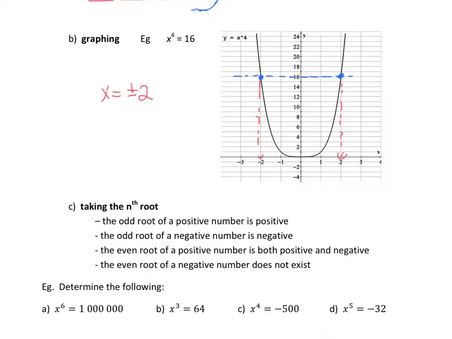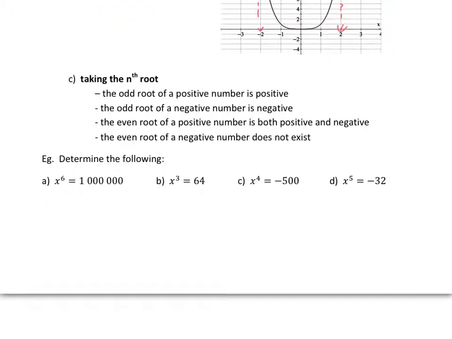And the final method we'll learn for solving this type of equation is just to take the nth root. Now you've got some rules to follow here that I will refer to as we go through these few examples. So x to the exponent 6 equals 1,000,000. That means x is equal to the 6th root of 1,000,000. You can find the 6th root using your calculator, but the 6th root of 1,000,000 is 10.